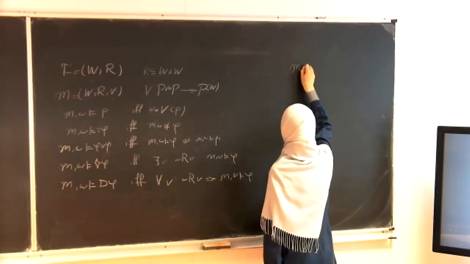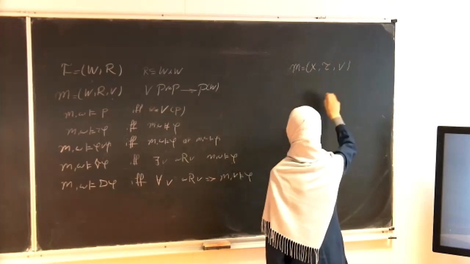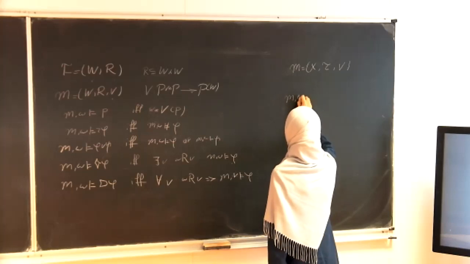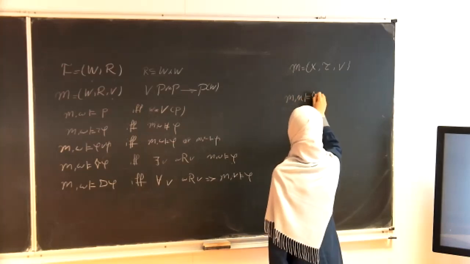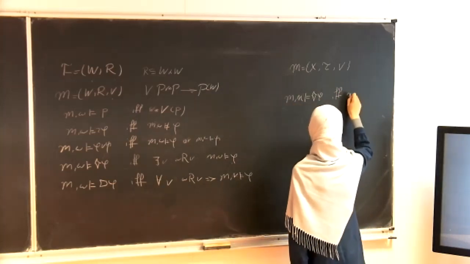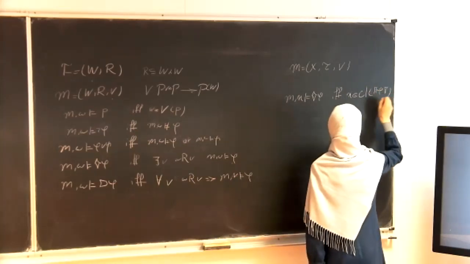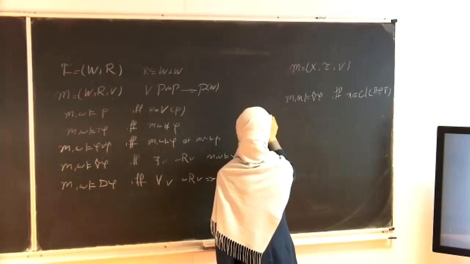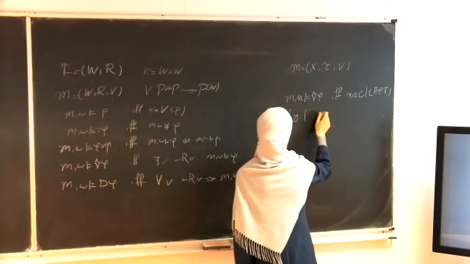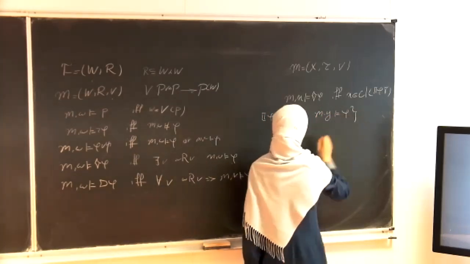Our model is a topological space with a valuation, and we have that diamond phi is true in point x if and only if x is in the closure of the extension of phi. By this notation, I mean the set of all points y where phi is true in y.